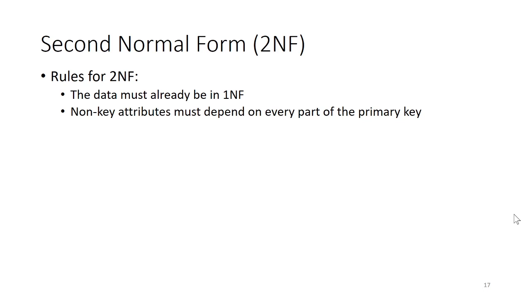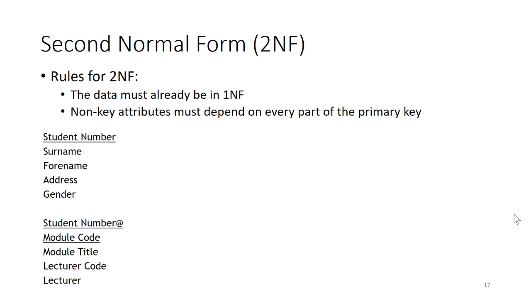Non-key attributes must depend on every part of the primary key. So in second normal form, the rule from first normal form to second is we check the dependency of non-key attributes on every part of the primary key.